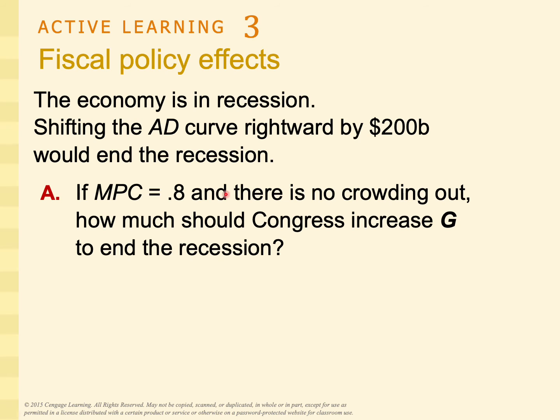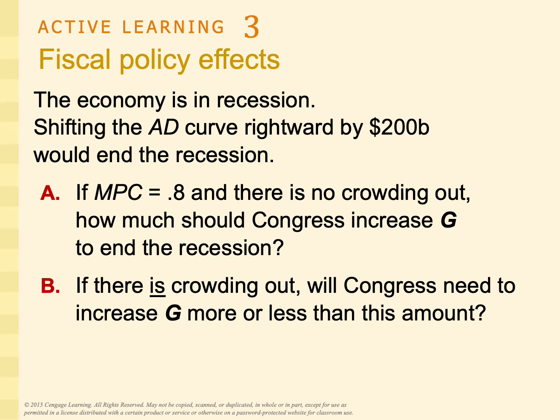So for this one, you're going to need to calculate the multiplier using MPC, and then use that multiplier to figure out how much the government would have to spend to increase aggregate demand by 200 billion. And then next, if there is crowding out, will Congress need to increase G more or less than this amount? And that's a little easier to answer.